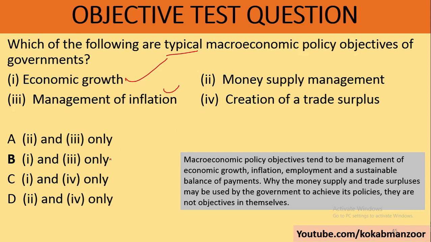So option B is the right option, 1 and 3. You have to understand that. Why do we want what? Economic growth, inflation, employment, and a sustainable balance of payments. These are the 4 major policy objectives, and through these objectives we may use money management to achieve them, and we may have a trade surplus.